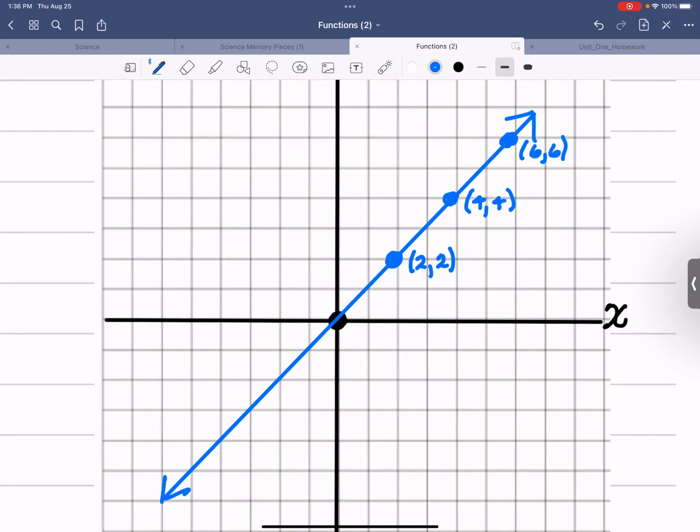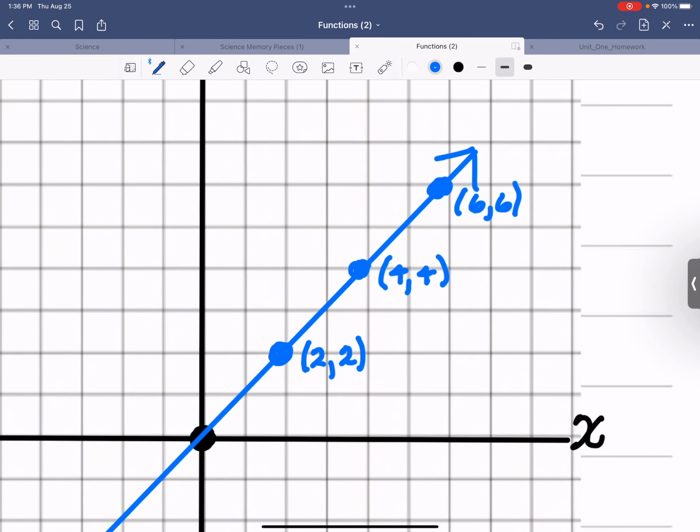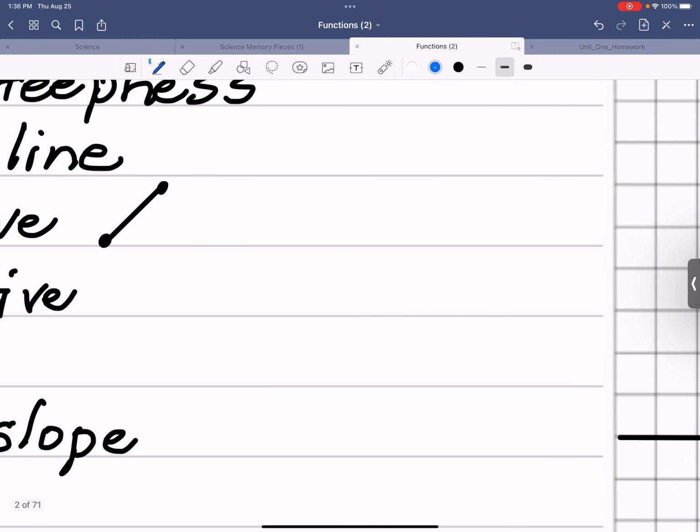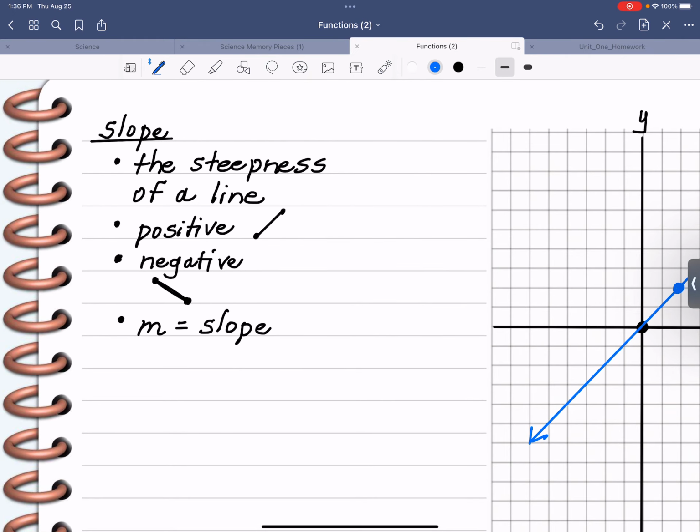So I want to show you something here that will help you understand the whole concept of a slope. Slope is defined as rise over run in a ratio.